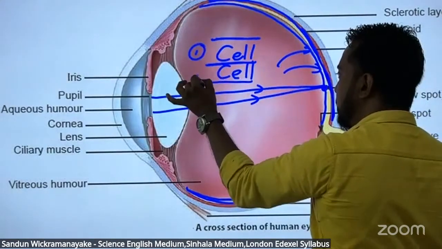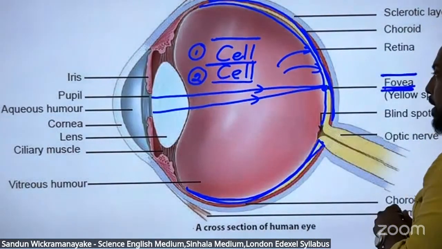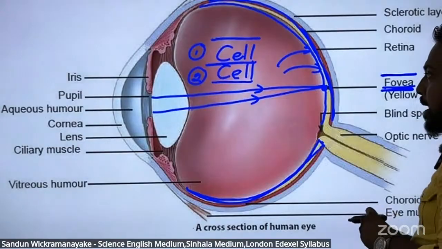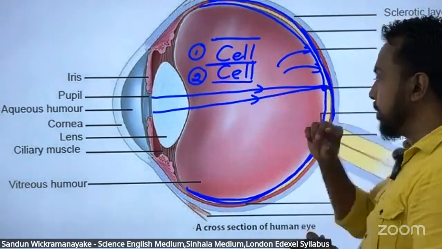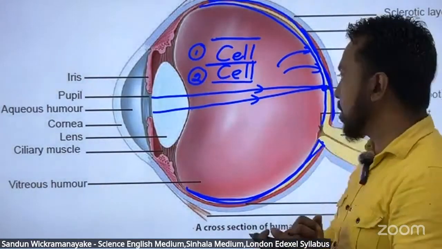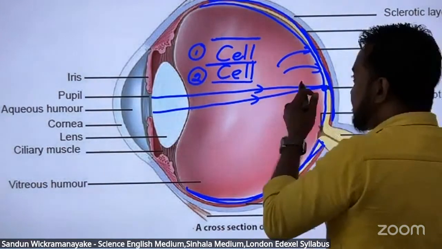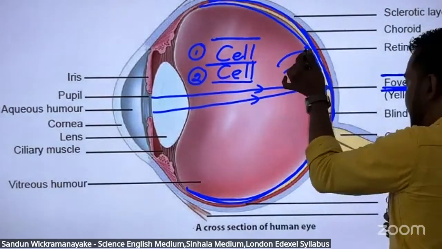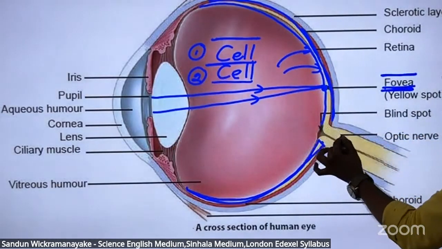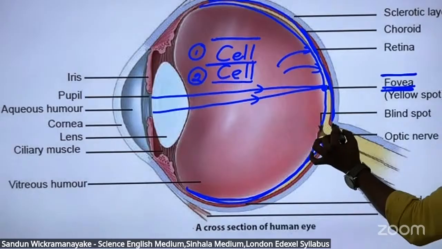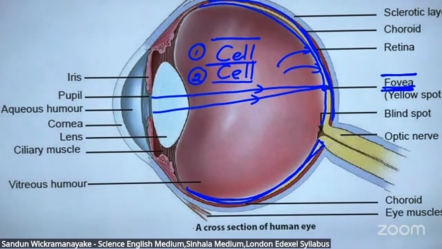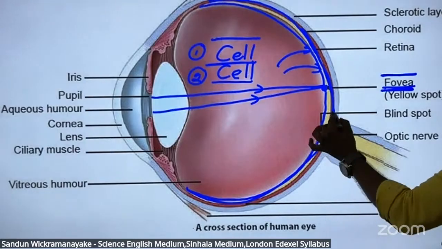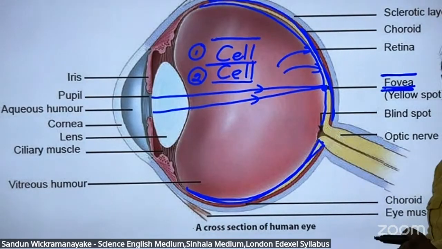One kind of them is stimulated and generates an electric pulse, and that electric pulse goes to the human brain through this optic nerve, right?